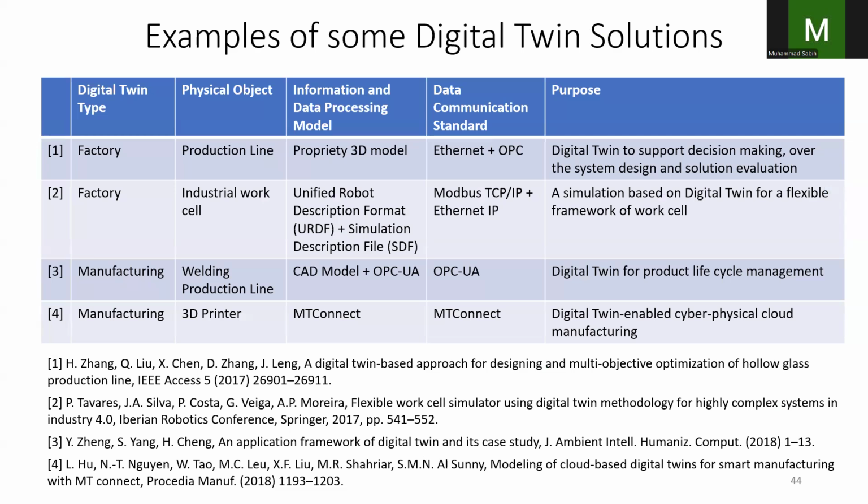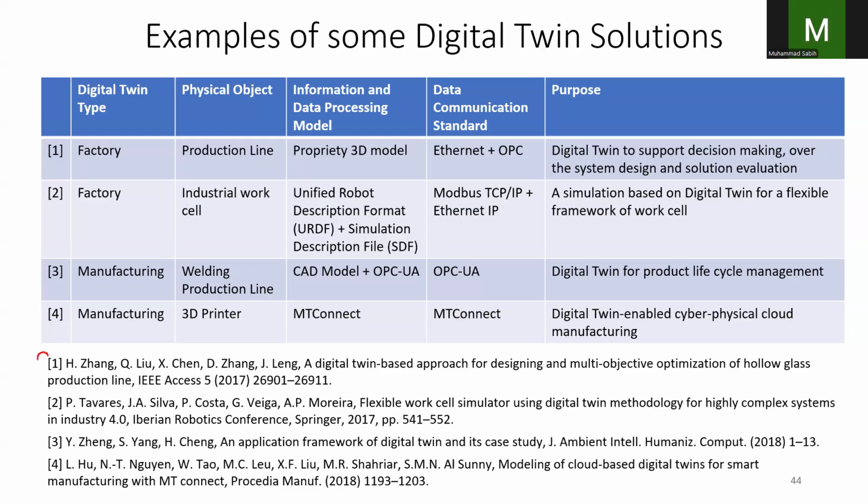Okay, slide 44. This is the last slide on this digital twin, and then we will do the last video lecture on an example of our digital twin. In this slide, we highlight how digital twins are applied across different manufacturing industries. We have taken some references from research papers.